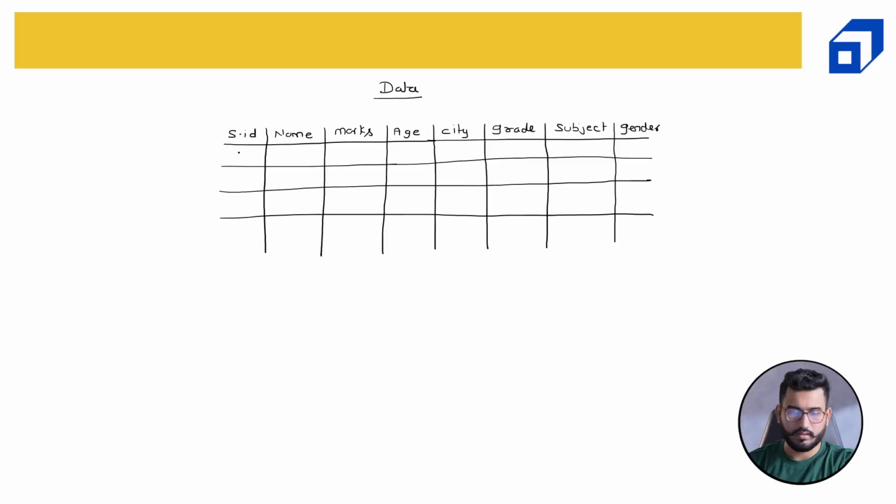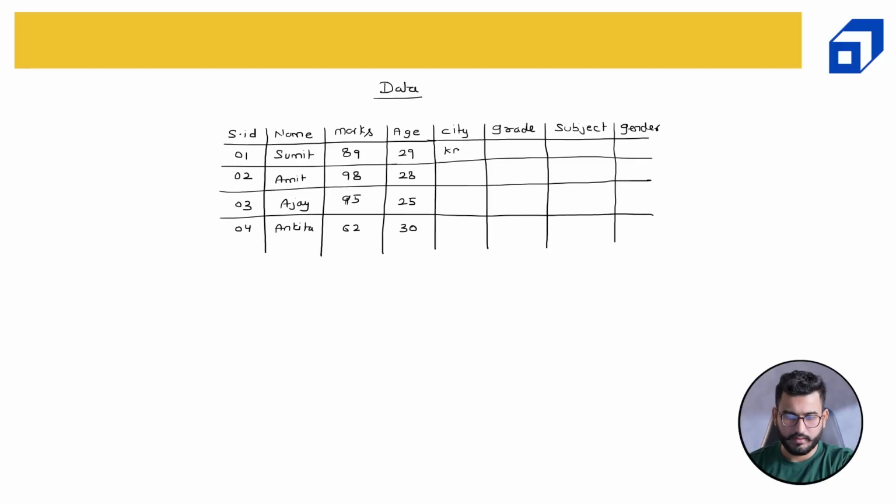So let's say we have 01, 02, 03, 04. Name is Sumit, Amit, Ajay, Ankita. Marks is, let's say, 89, 98, 95 and 62. Age is 29, 28, 25 and 30.